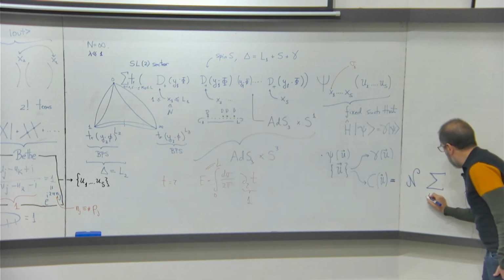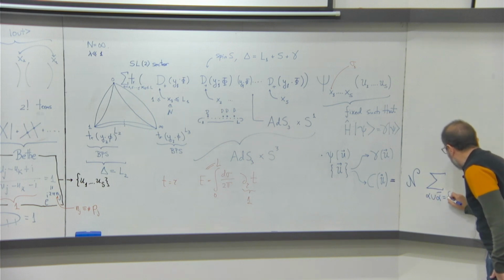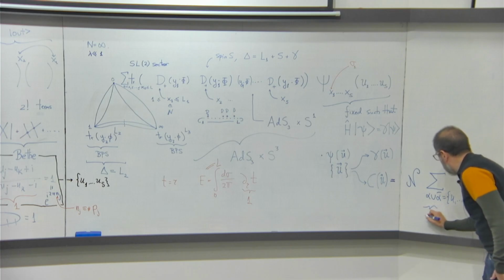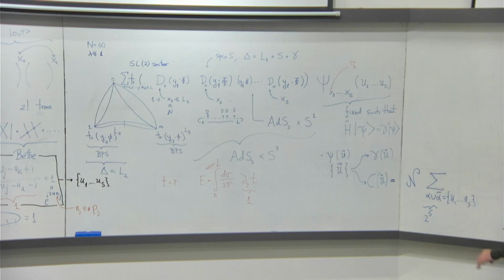It's a sum over, you take your roots and you split them into two groups, alpha and alpha bar being the complement of alpha. So you see that there are 2 to the S terms. It can be empty, full, one element, almost everyone, etc. So you sum over this.